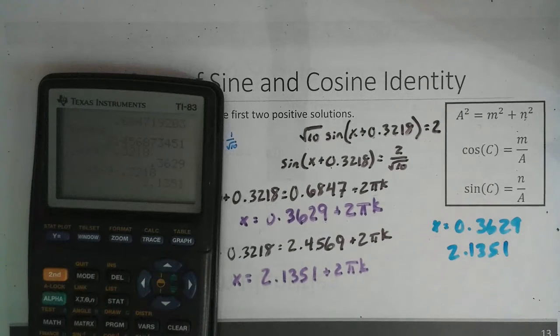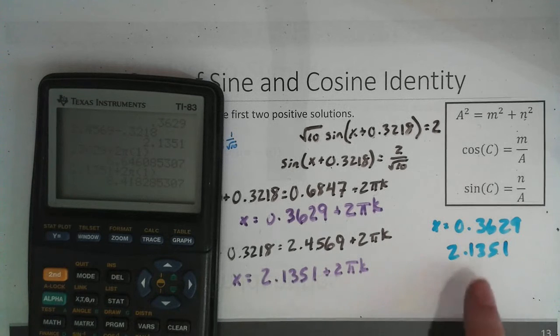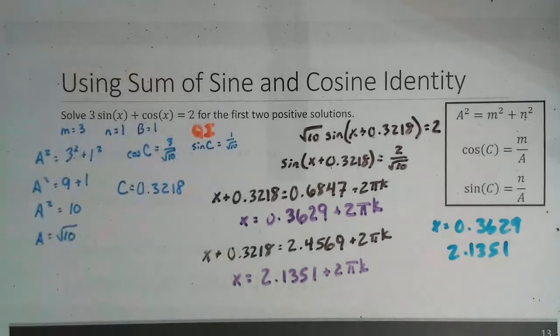Doing that, I'd get 0.3629 plus 2 pi times k of 1, 6.64. That's bigger than this one, so that would be my next answer. Plugging in k equals 1 into this bottom case, I get 8.4183. So that would give me another solution still. But in this case, I only wanted the first 2 positive solutions, which will be these 2.